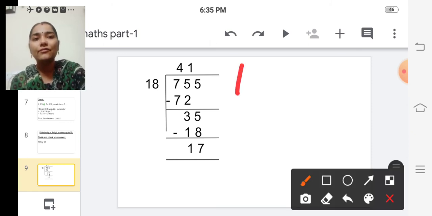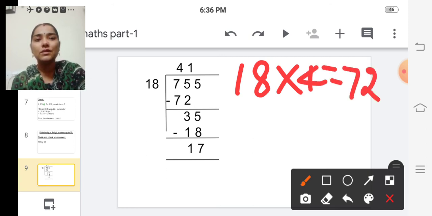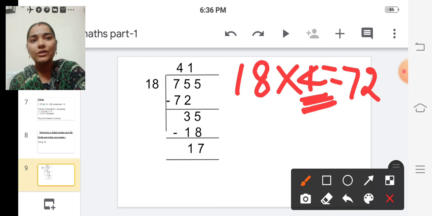So 18 4s are, we have to go through the multiplication tables. 18 fours are 72, and we have to write this 4 in the quotient, on the top of the division.